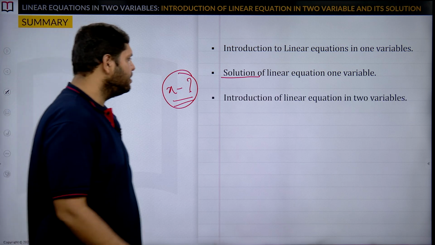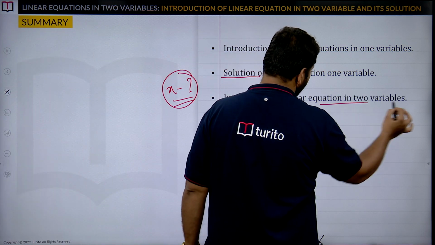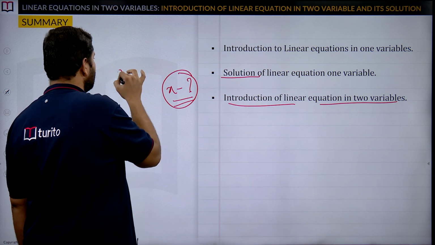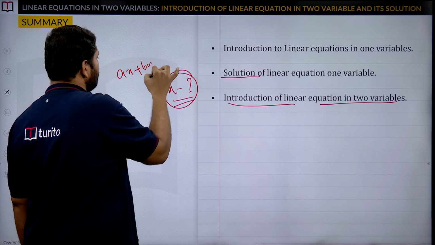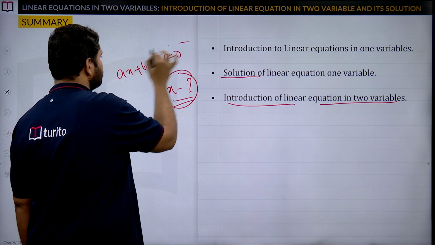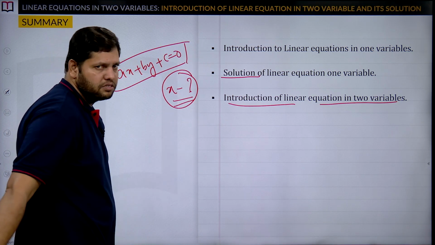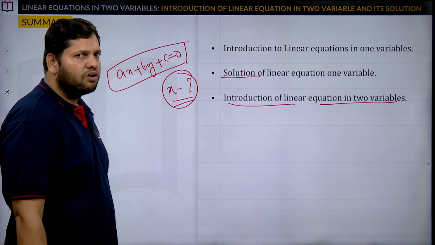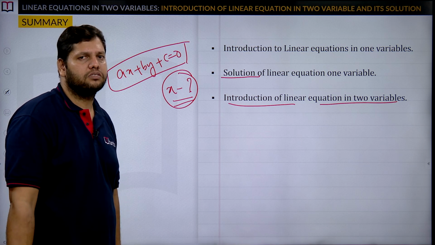Next point, children: introduction of a linear equation in two variables. What is the standard form, children? ax plus by plus c equal to 0. So it is a linear equation in two variables. Are you getting my point, children? This equation is called a linear equation in two variables.